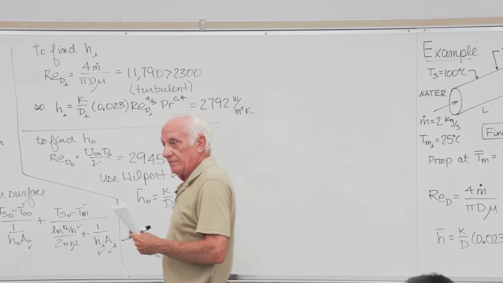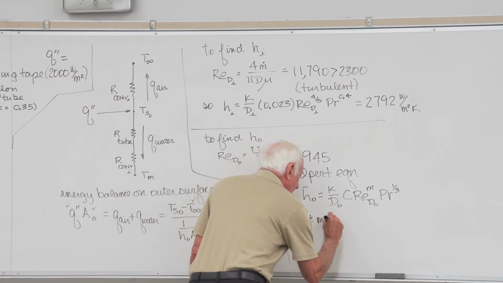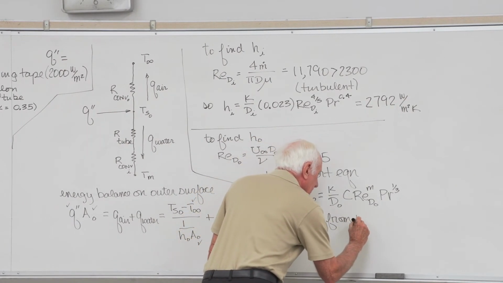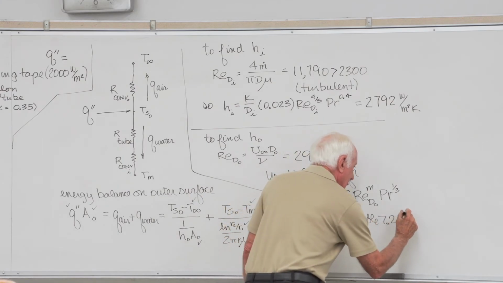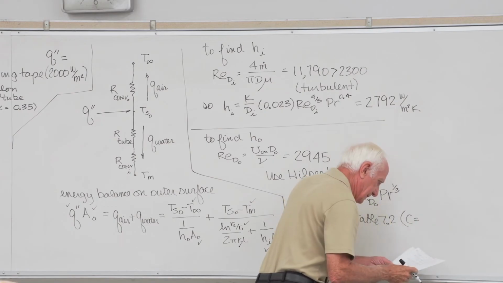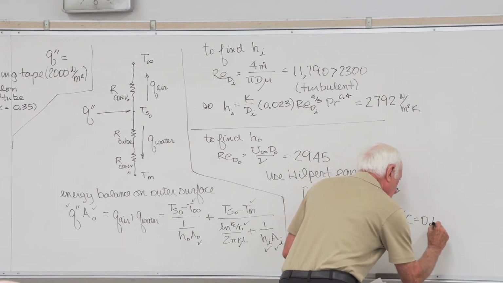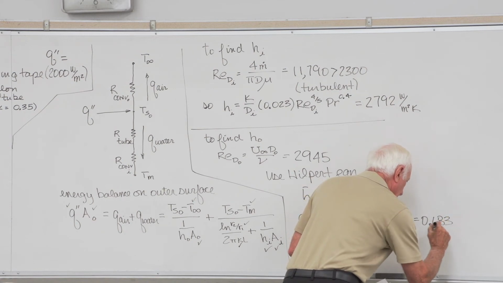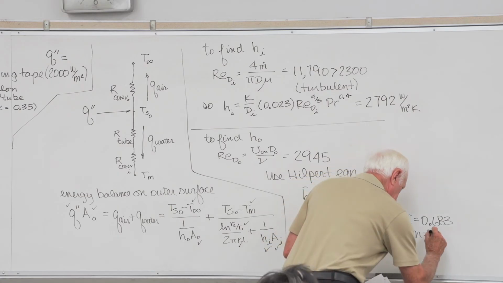Okay, to find C and m, C and m from table 7.2. C is equal to 0.683. m is equal to 0.466.